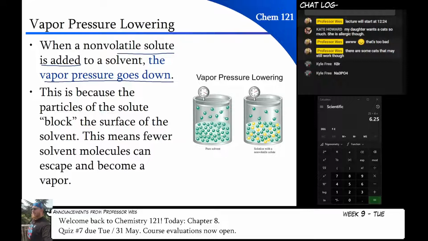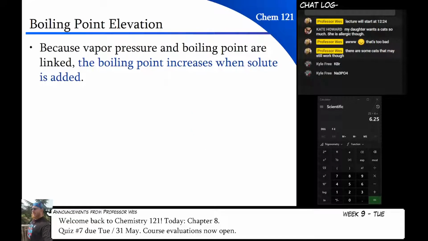All right, now if vapor pressure goes down, that means that you have to heat something up even hotter to get enough vapor pressure for it to boil. Because remember that boiling occurs when the vapor pressure equals atmospheric pressure. Well, if it's lowered because I have a solute in there, that must mean that the boiling point temperature must increase with solute in there. And this is entirely the point of putting something like antifreeze into your radiator to prevent your engine from overheating.